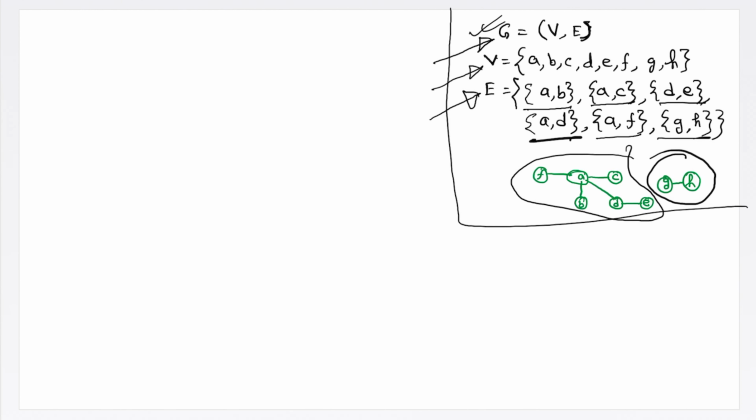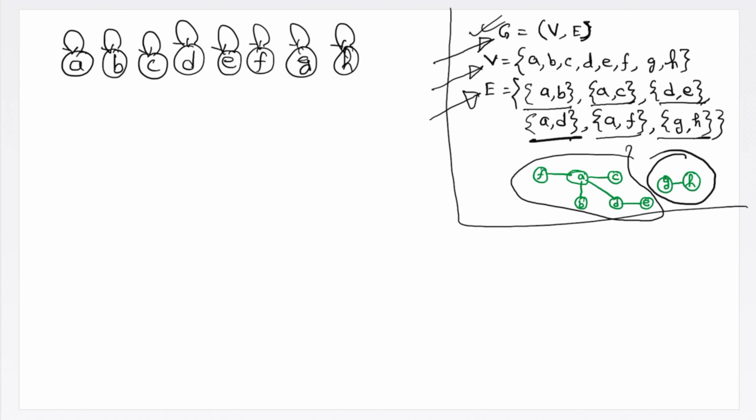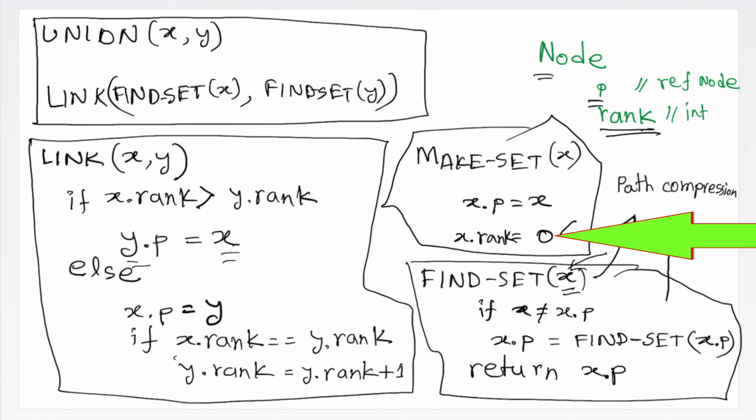The first stage is to call the makeSet operation using all the vertices. After calling the makeSet operation using all the vertices separately, we will have a tree for each of those vertices A, B, C, D, E, F, G, and H. Each of these vertices will have a rank of 0 based on the algorithm that we discussed.